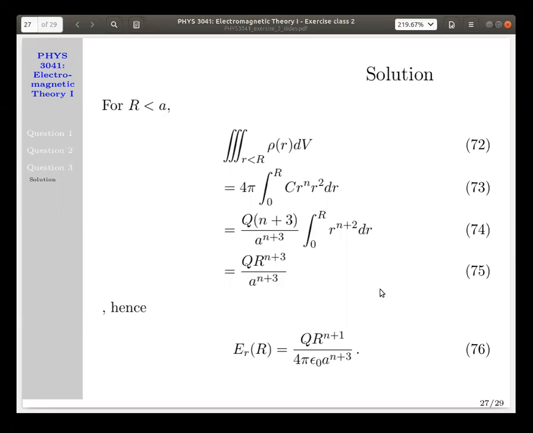And therefore, the electric field inside the sphere will take the form Q times r to the power n plus 1 over 4 pi epsilon naught a to the power n plus 3.